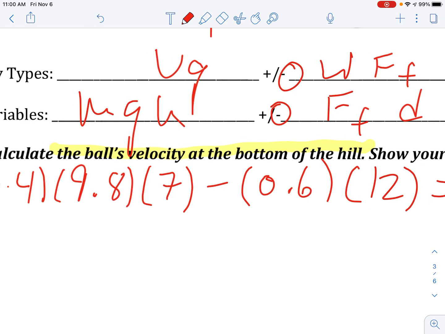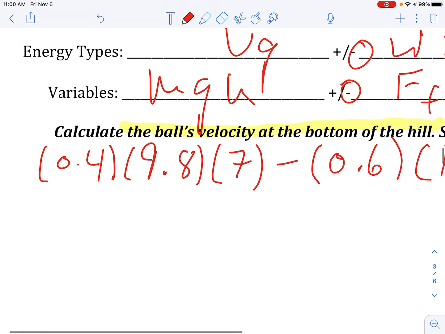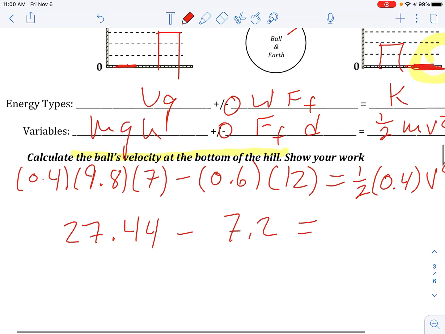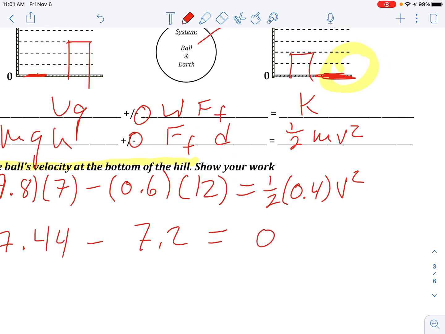So now we plug in our values, and what we see is this right here, 0.4 times 9.8 times 7 is 27.44. Minus 0.6 times 12 is 7.2 equals 1/2 of 0.4 is 0.2 v squared.